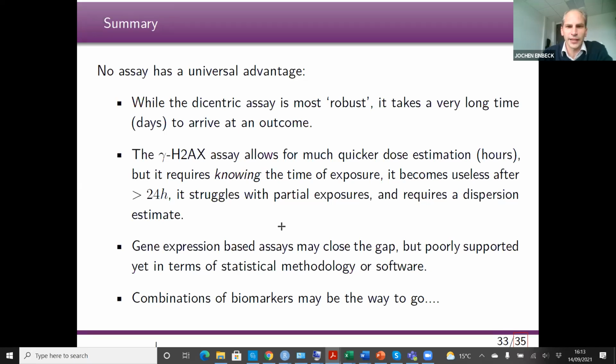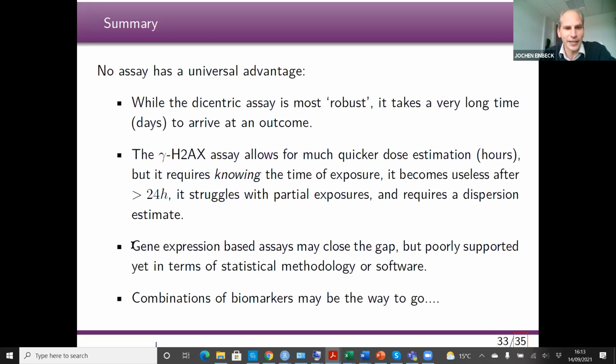The H2X has the opposite problem. You get a much quicker dose estimation, but you have to do it quickly, because if you wait too long, the information is gone. There is still a gap, because typically the time when people want their estimate, when they actually get worried about this, is after a day or so.